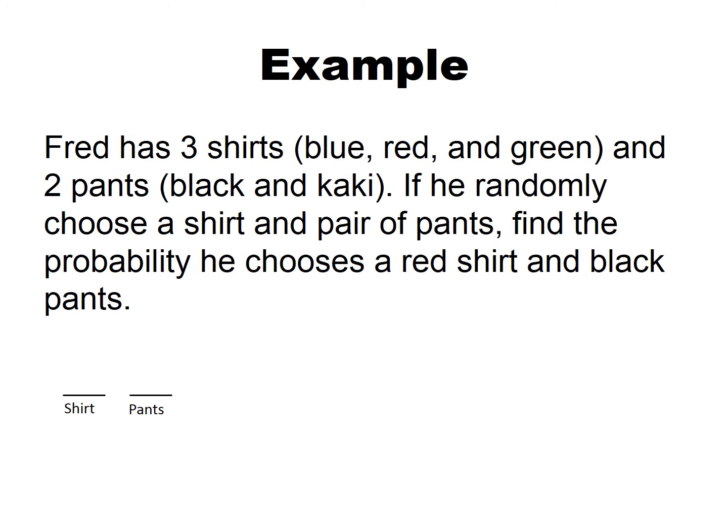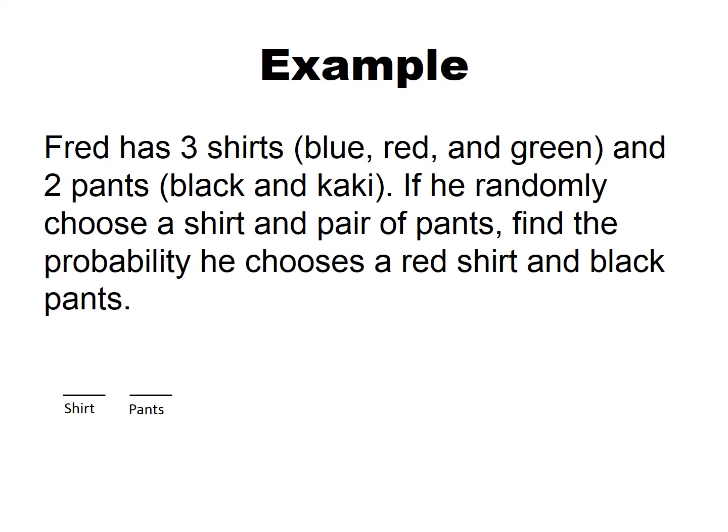Let's do another example dealing with selecting an outfit. So Fred has 3 shirts, red, blue, and green, and 2 pairs of pants, black and khaki. If he randomly chooses a shirt and a pair of pants, find the probability that he chooses a red shirt and a black pair of pants. So first we need to determine how many different possibilities there are for this multi-stage experiment.